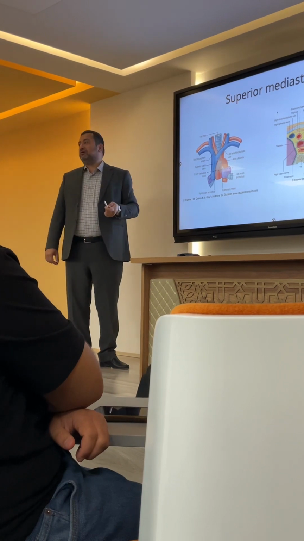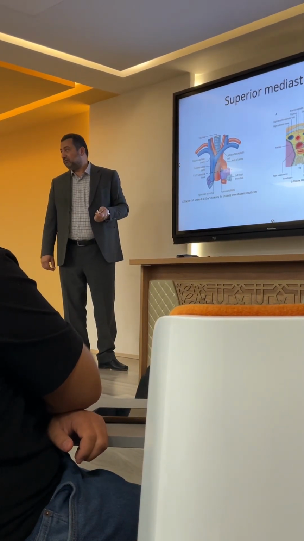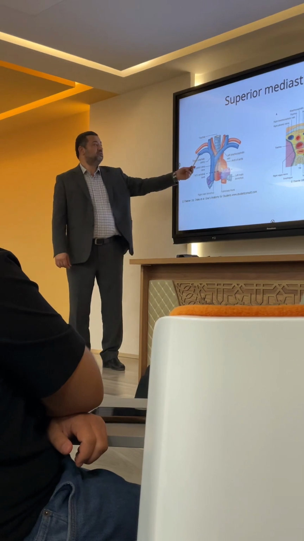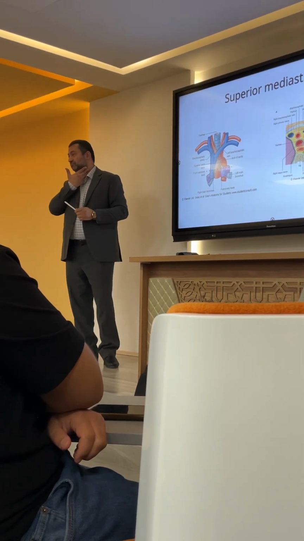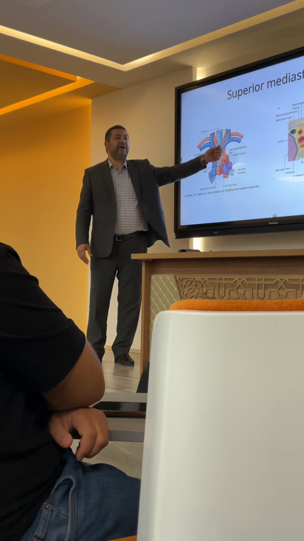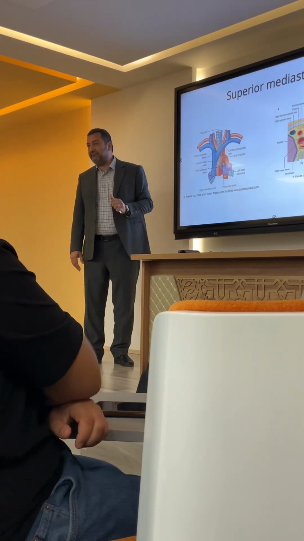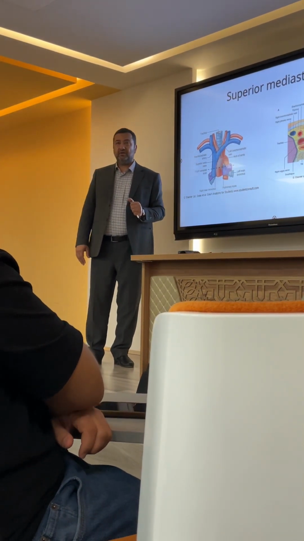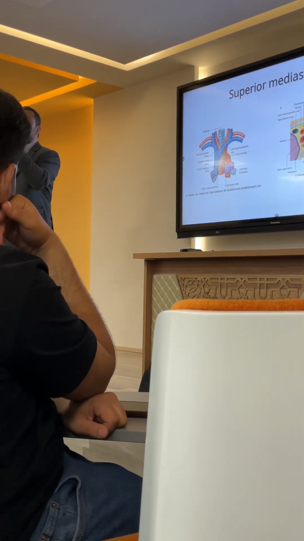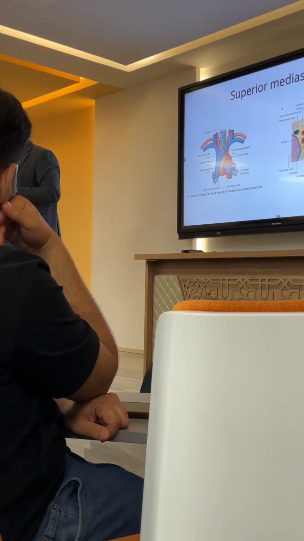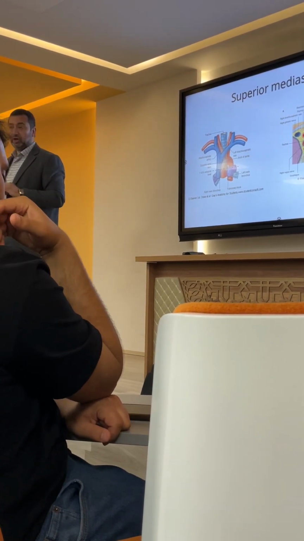The second branch is the left common carotid artery. It is on the left side of the trachea and ascends to the neck. And the third branch is the left subclavian artery. You know that the subclavian arteries, on the right side and left side, both pass over the superior surface of the first rib on each side.